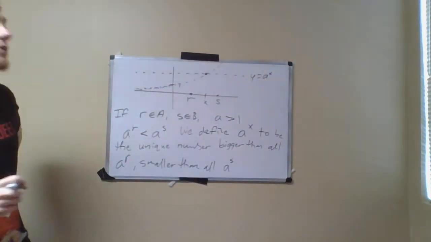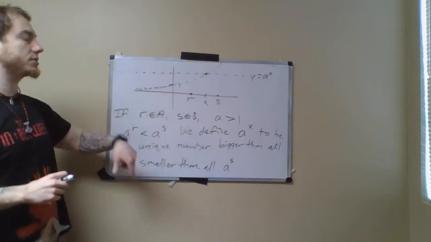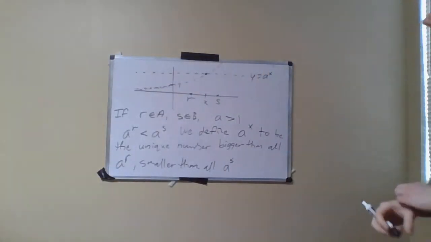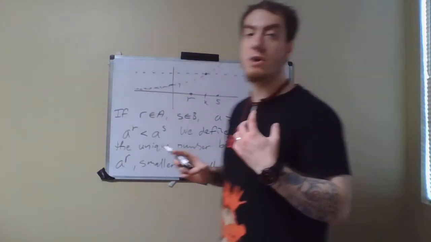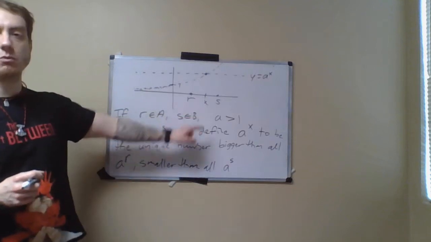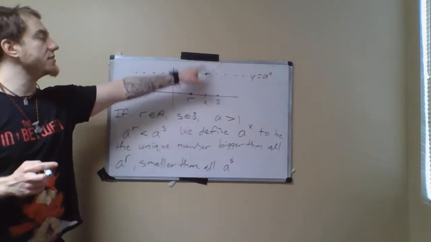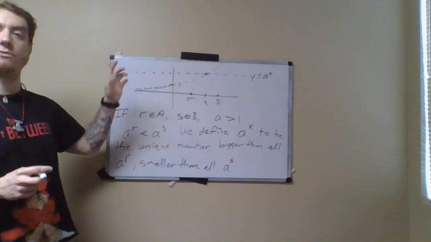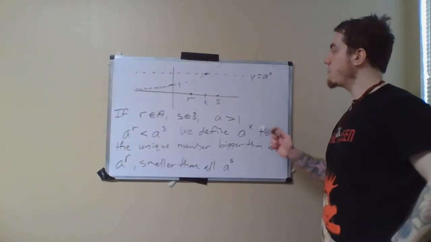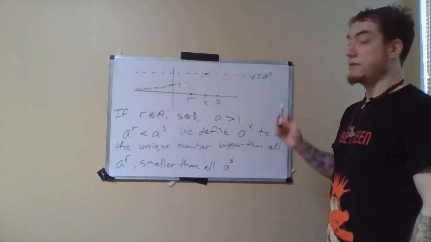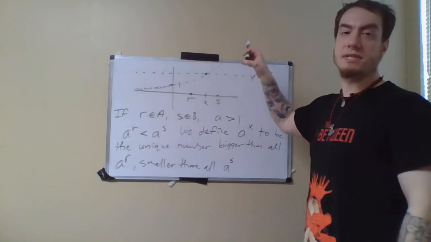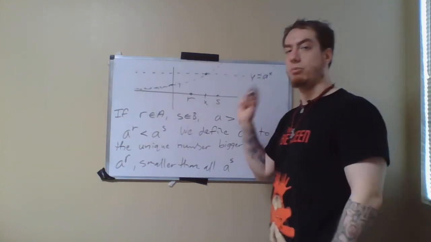The reason I want to do that is because if I do that, then it preserves the fact that the exponential function for all real numbers is going to always be increasing when a is bigger than 1. If I did anything else, then this function would start jumping around in crazy kinds of ways. So we want to define this exponential function in such a way that it preserves this nice always increasing property.